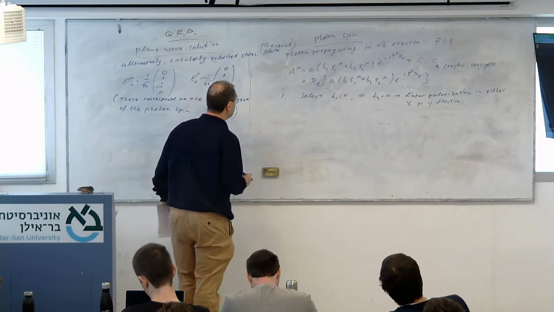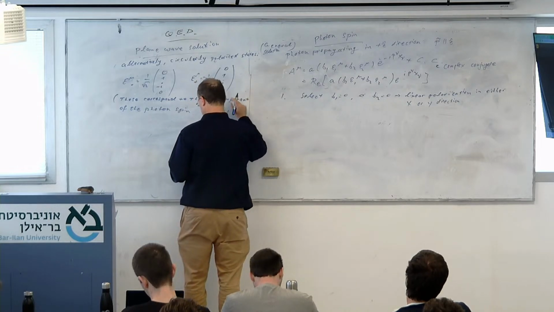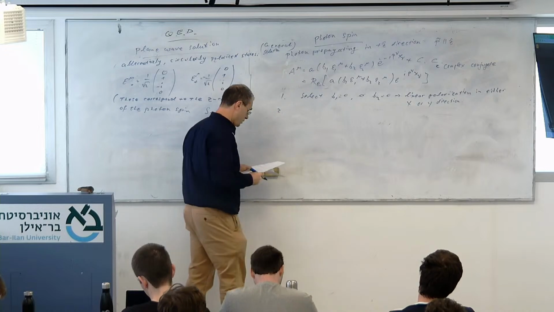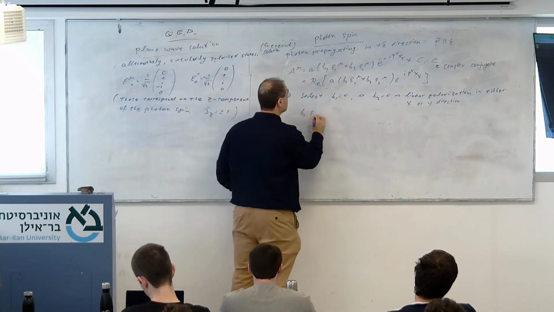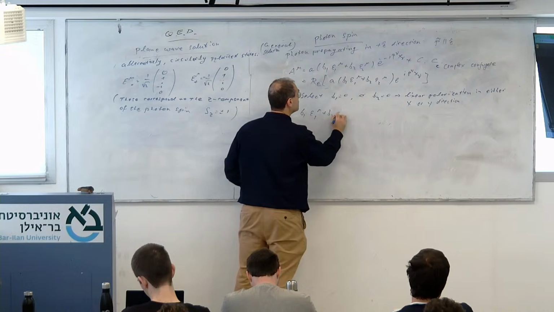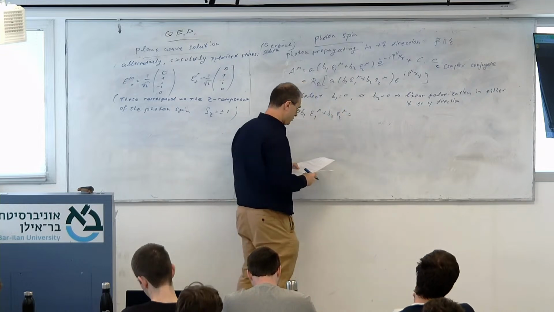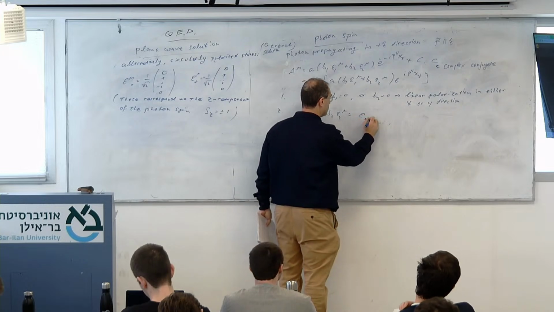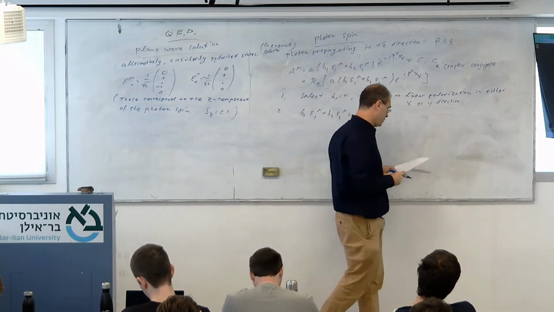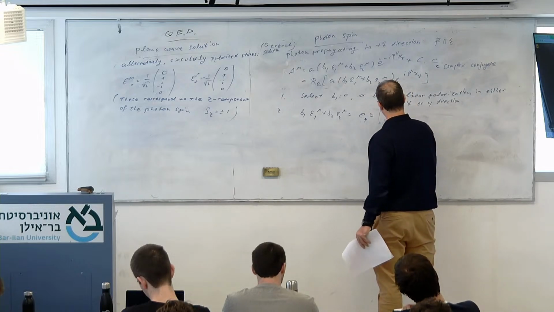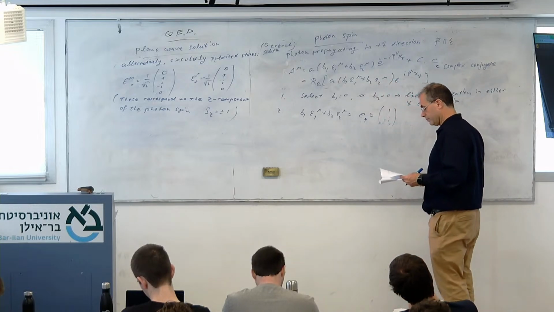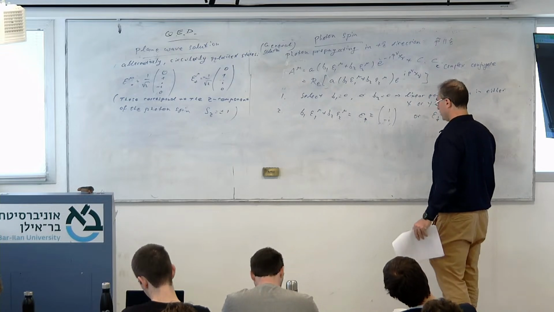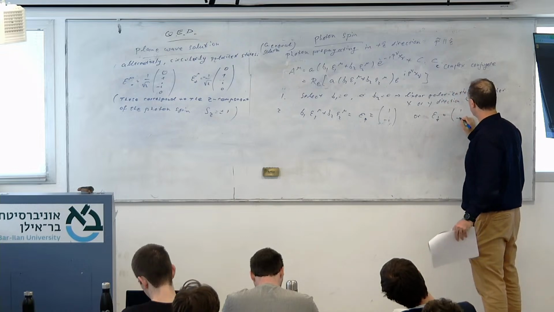Now we have another choice, which I write down as B1 epsilon 1 mu plus B2 epsilon 2 mu is equal to, I call this epsilon up, which is 1 minus i, or what I call epsilon down, which is 1 plus i.